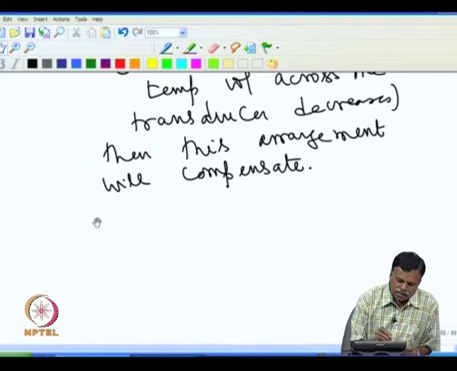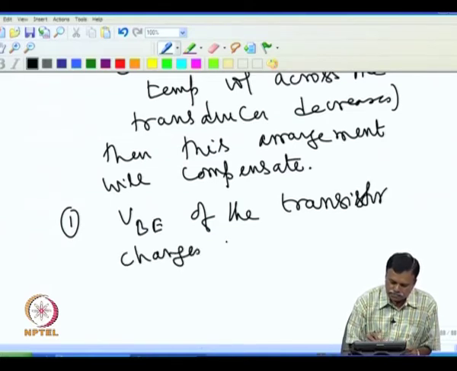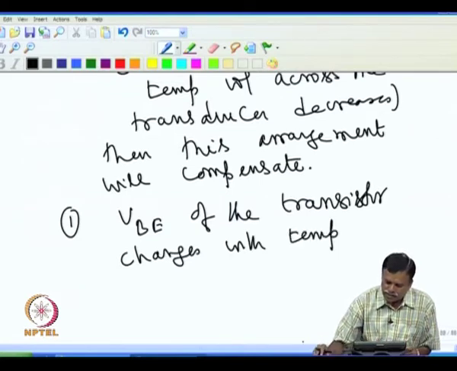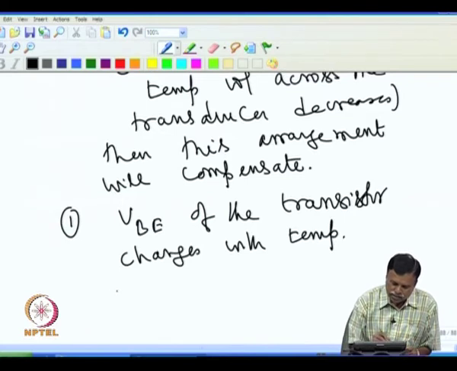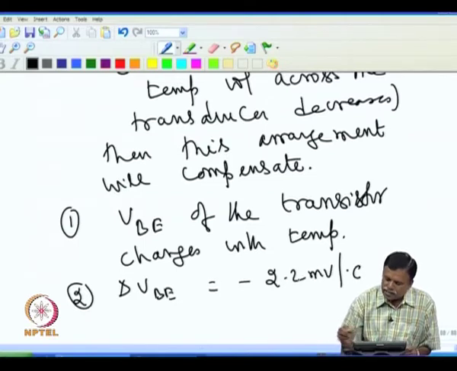So, the important property that is used here is that VBE of the transistor changes with temperature. The second point is delta VBE, that is VBE changes equal to minus 2.2 millivolt per degree C, and this is highly reproducible.